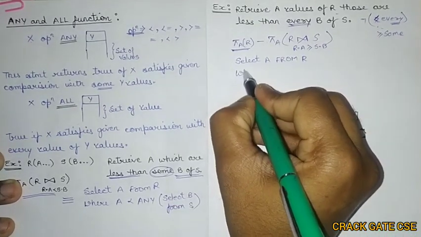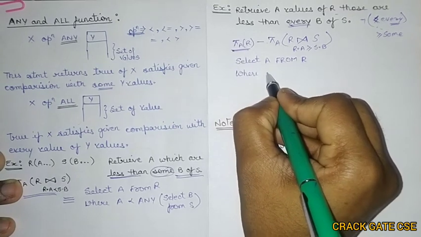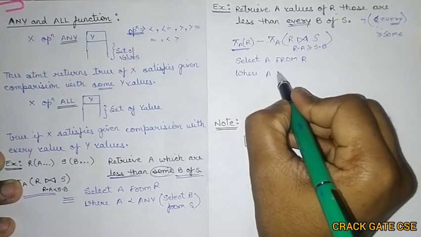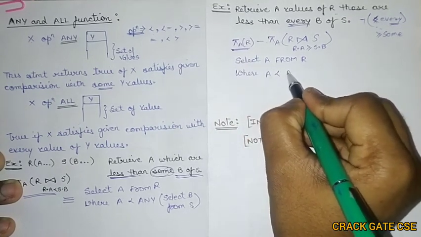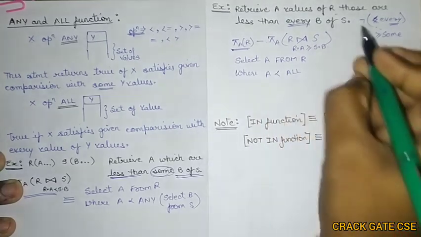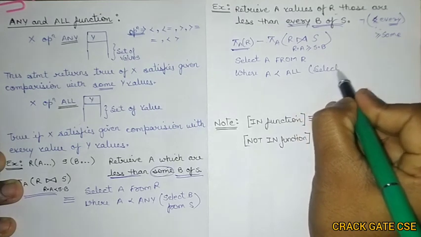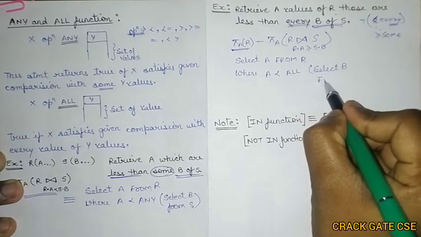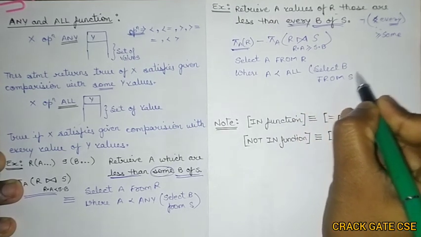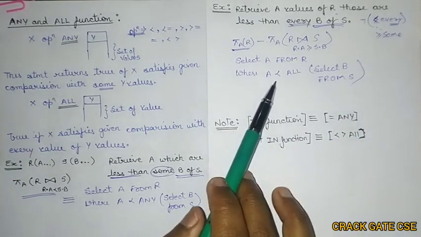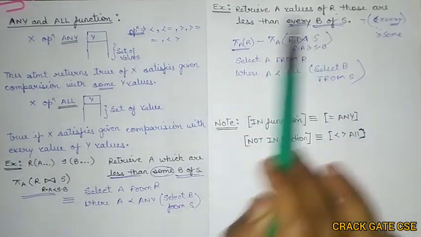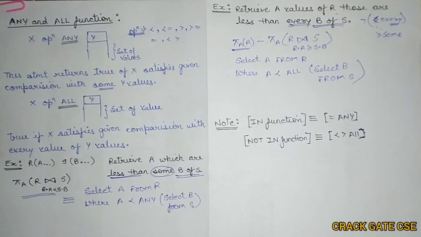That means where a is less than every, which means all, and b of s means we use a query in which I select b from s. So this is the query for this particular statement, right?